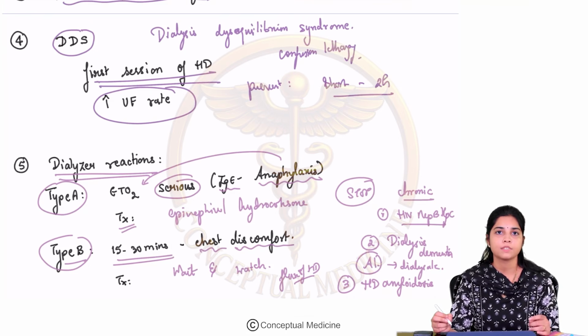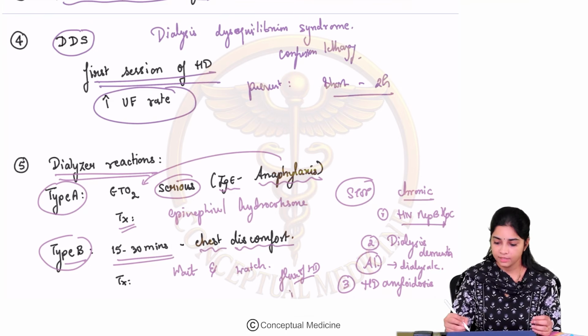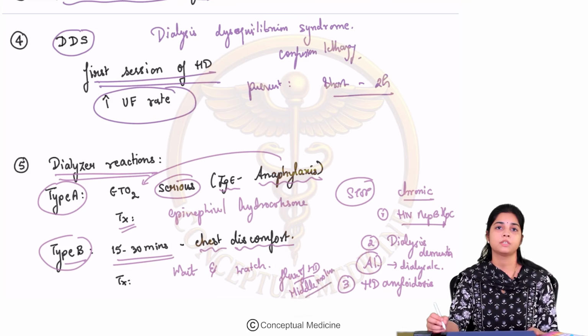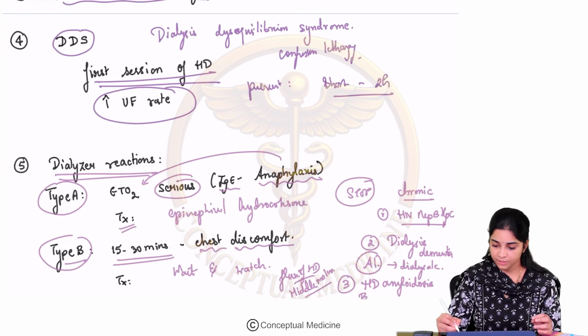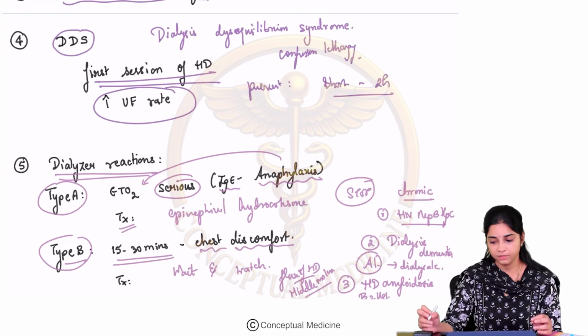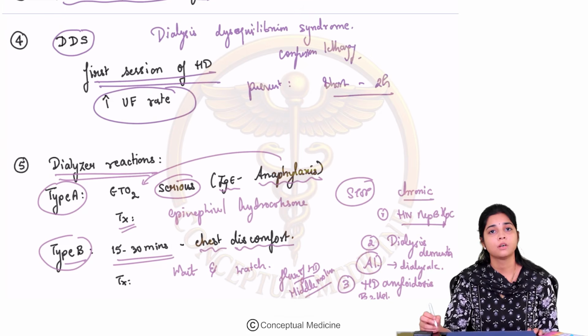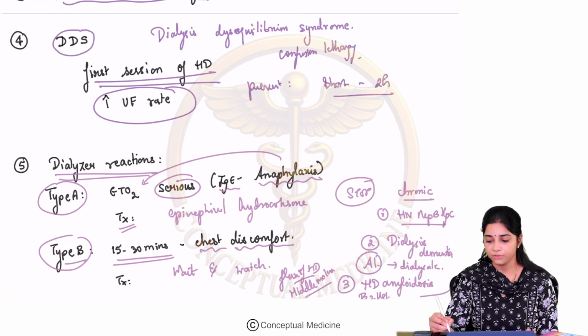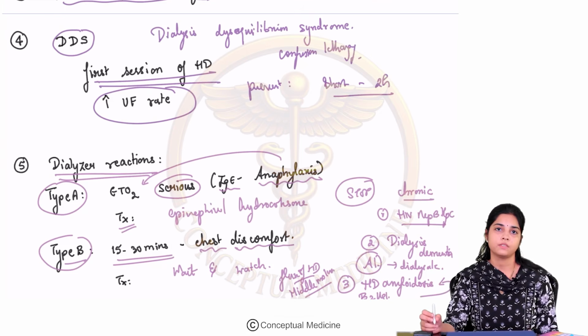So many times in certain dialysis machines, middle molecules, which means substances of mid-range molecular weight, are not removed, especially beta-2 microglobulin. When beta-2 microglobulin is not removed, over the course of time it accumulates and causes dialysis associated amyloidosis.